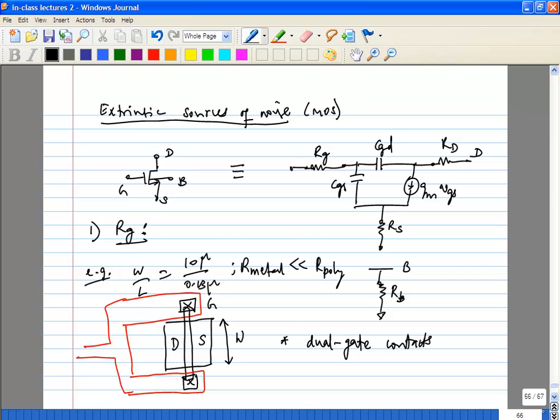The bulk is actually the background, so all of this area is the bulk. Normally you'll have to put in what are called substrate taps or bulk contacts around the transistor. There will be a common connection to the bulk for the overall chip, but that will be very far away from your transistor.